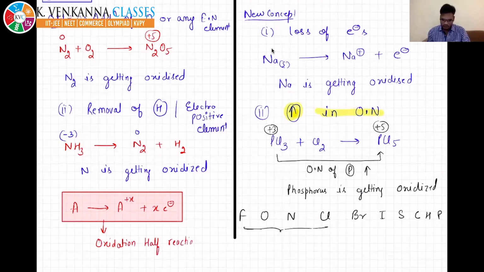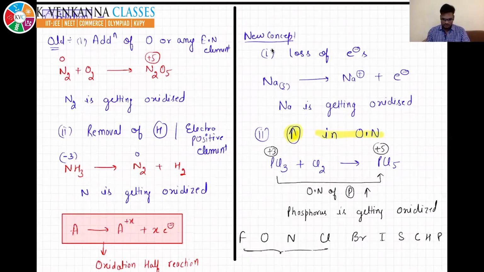If any reaction is given in which electrons are given, then that is a half reaction. It is not a complete reaction. In this case you can see that oxidation is taking place. Its oxidation number is increasing. That is why it is known as an oxidation half reaction. So this is the notation for an oxidation reaction.